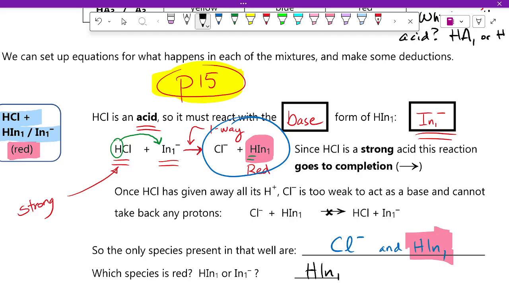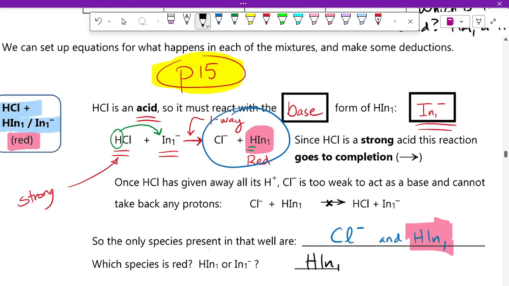So you can also figure it out this way, which one is red and which one is the other color, yellow, I think. It doesn't matter which way you choose to figure it out, whatever makes the most sense to you, the way we did it yesterday or the way we're doing it today.